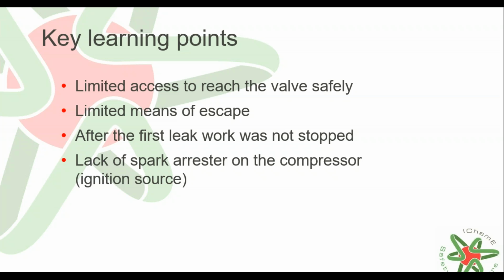Work on the valve should not have started prior to verification of the isolation and shouldn't have continued after the first leak occurred until all doubt about the safety of the situation had been resolved. The absence of the spark arrestor on the compressor was not known until after the incident. And actually that was the ignition source in this case.